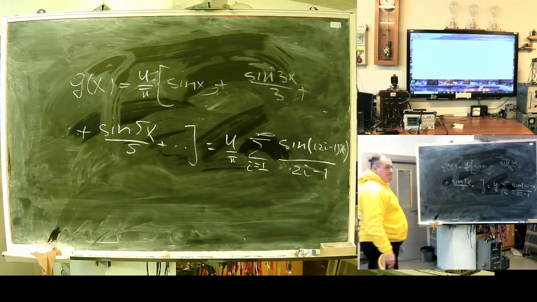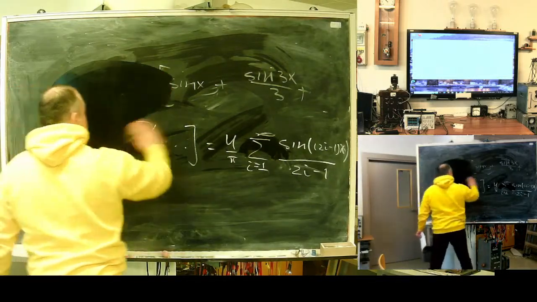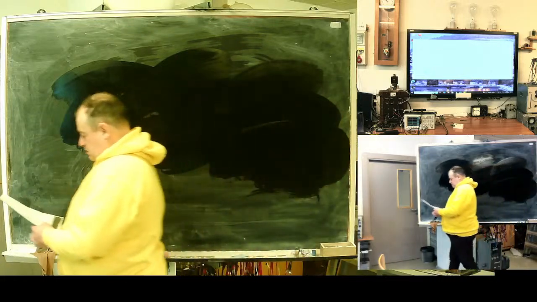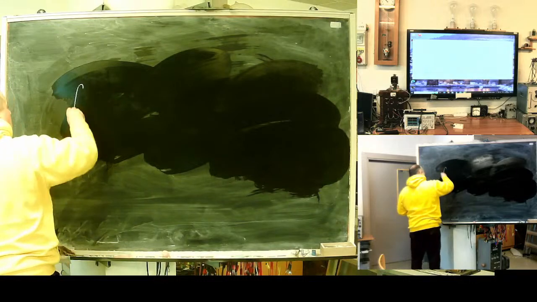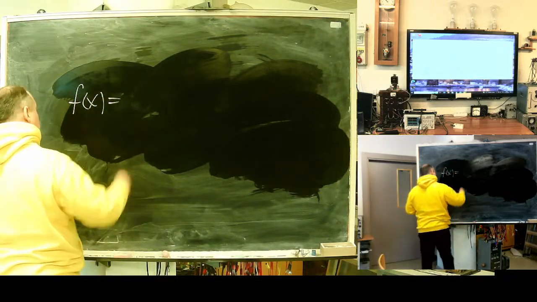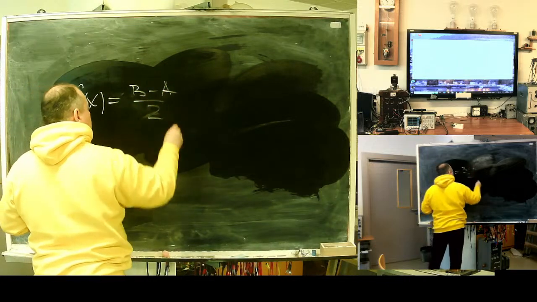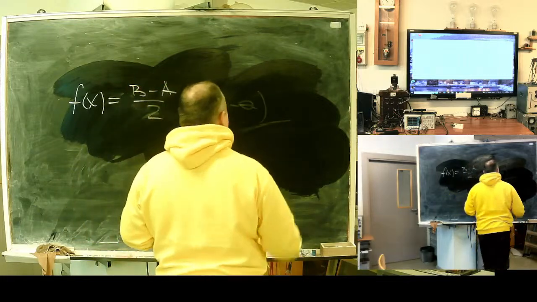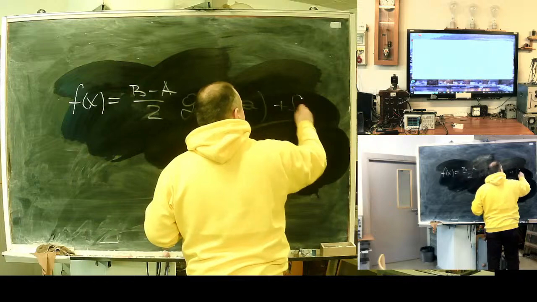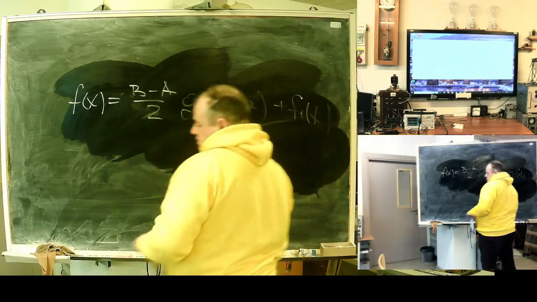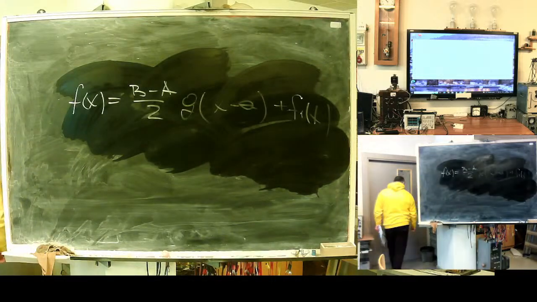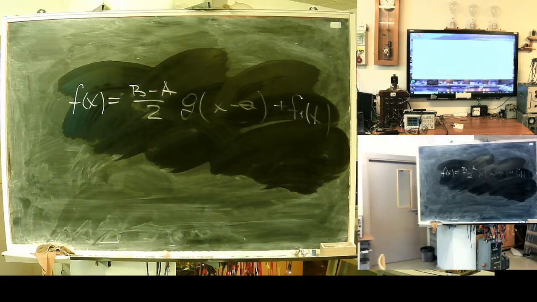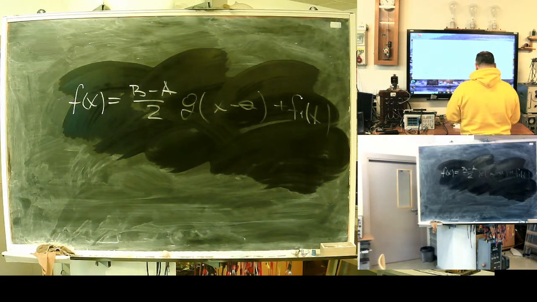Now what can be done? We can now record our interrupted function as b by half Gibbs function at the interruption point plus some uninterrupted one. We can separate the computation at the interruption point and the function itself.